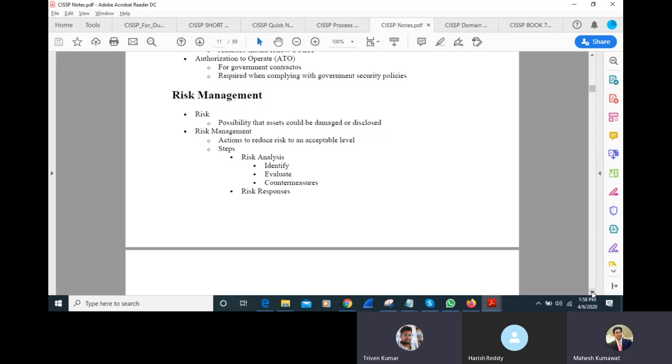So different companies have different domains. Manufacturing, production, IT, operations and healthcare have different risks. We need to understand risk management very thoroughly, because suppose you are going to do penetration testing or computer forensic investigations.